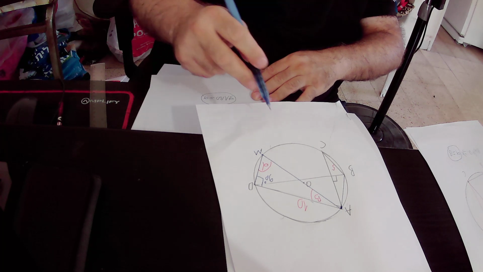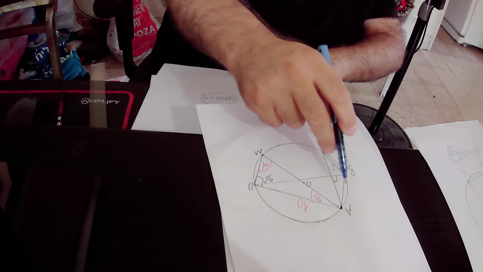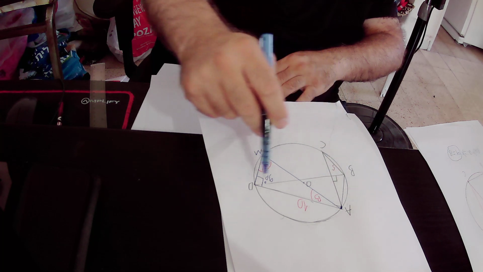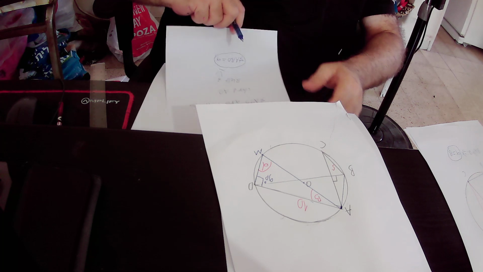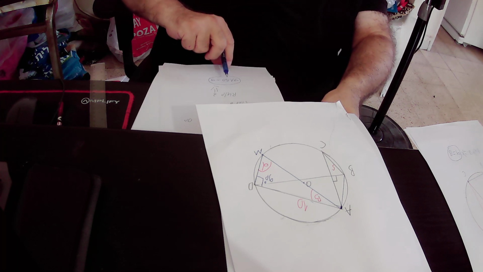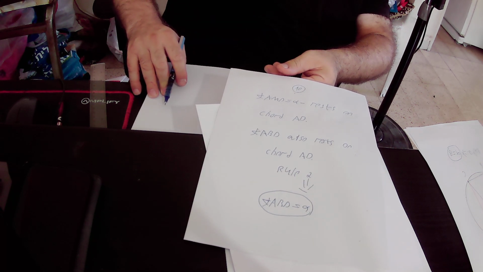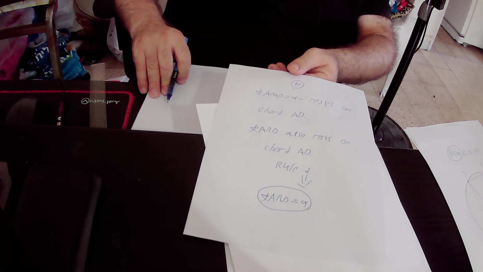Okay, according to rule number 2, because angle ABD rests on chord AD and angle alpha also rests on chord AD, they are equal to each other. That is to say, angle ABD also equals angle alpha, because both peripheral angles rest on the same chord AD.